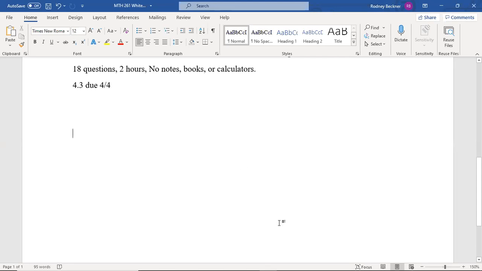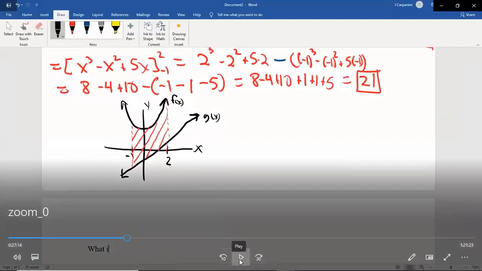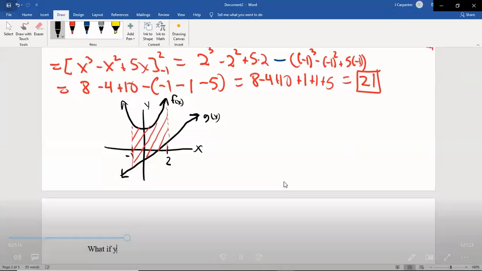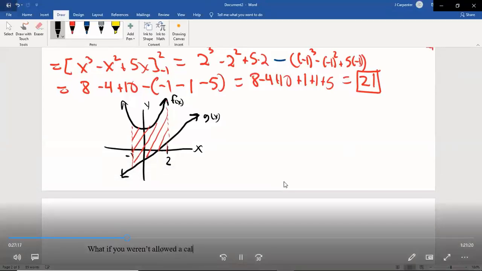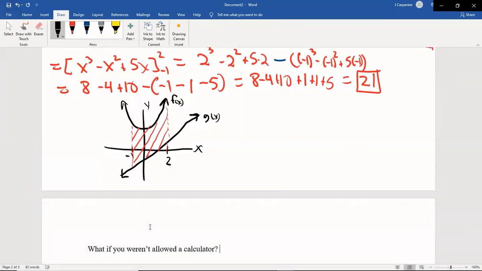And we're back. So let's pick up where we left off. What if we didn't have it? Or what if you don't know how to use your graphing calculator? What if you don't have a graphing calculator? You need to algebraically show where one function is higher than the other.